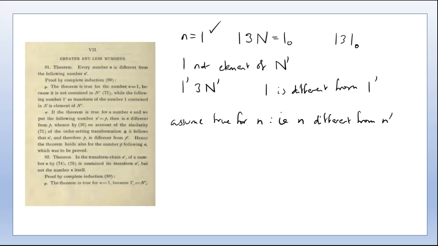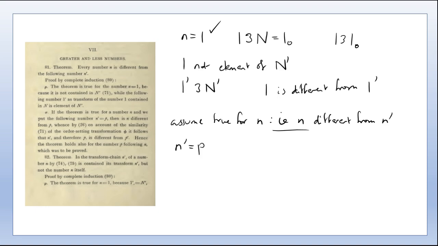Okay, so that is effectively the inductive hypothesis. That's the inductive assumption that we're going to be making. So if the theorem is true for a number n, and we put the following number, n primed, so I'm reading straight off from Dedekind's work here, n primed is equal to p, then is n different from p.